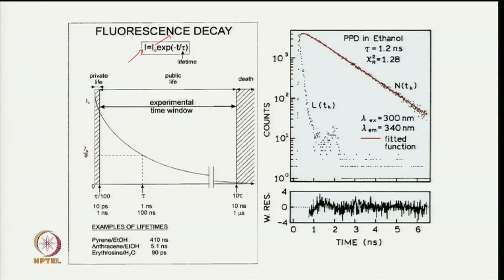If I is equal to I naught by e, or F is equal to F naught by e, then the time corresponds to the tau value, and this will give you the lifetime. For example, pyrene in ethanol has a lifetime of around 410 nanoseconds, anthracene in ethanol has a lifetime of 5.1 nanoseconds, and erythrosine in H2O gives you 90 picoseconds. This graph I will explain when I discuss time resolved fluorescence, so I will leave it here.